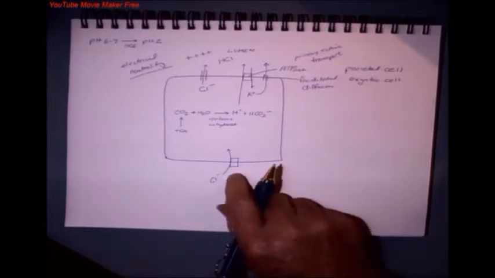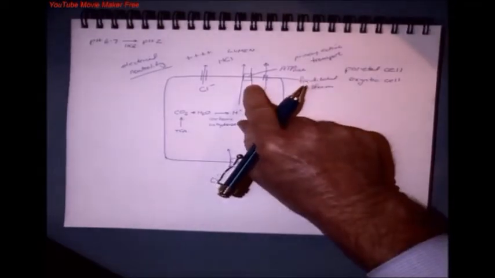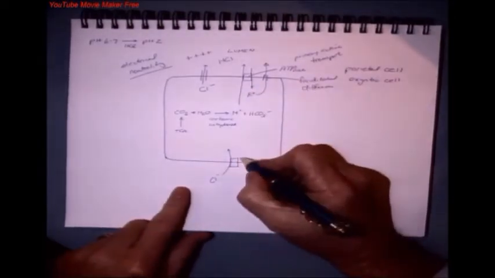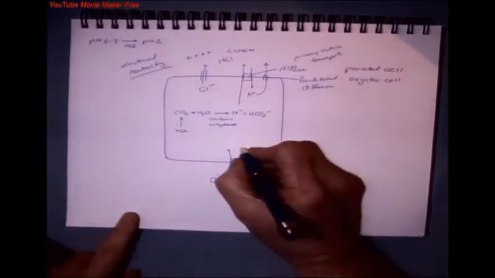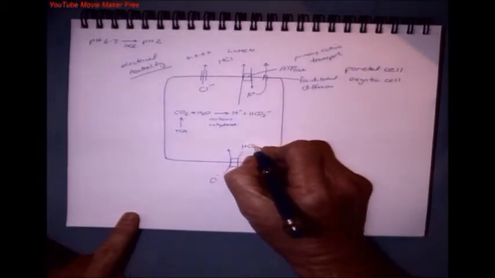Notice how I drew it. It's a dual transporter. This is also like the proton potassium transporter. It's an antiporter. And here, in order to make sure that our chemistry is balanced, we are going to be transporting out our bicarb ion.